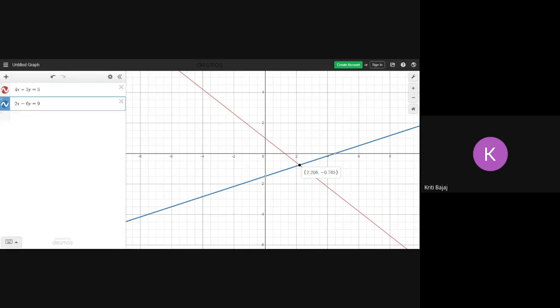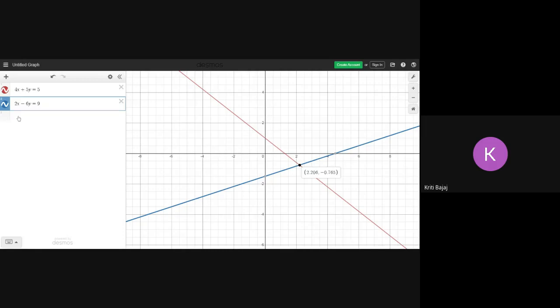This point gives satisfaction to the blue line and the red line, and simultaneously it is a solution for this pair of linear equations, or this system of linear equations. Is it clear?